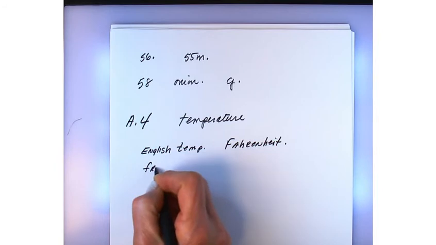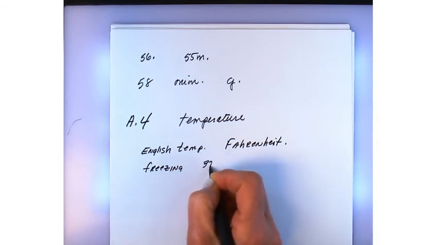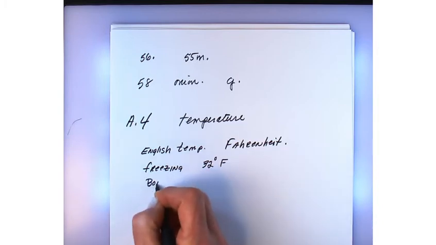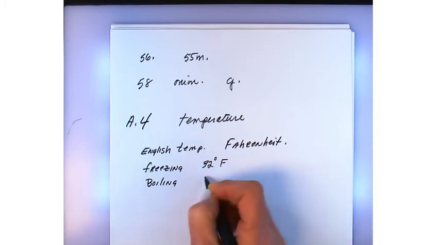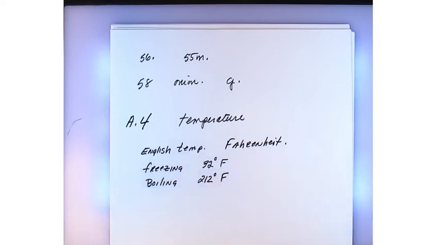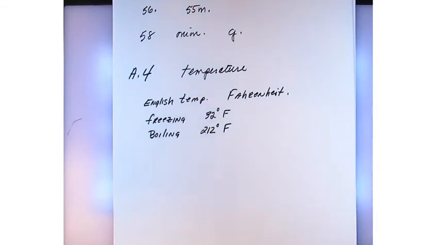I think all of you know these. Freezing is 32 degrees Fahrenheit. You might not know boiling, but you should have an idea now: 212 degrees Fahrenheit. We just got through winter, so I'm sure you know 32 degrees.